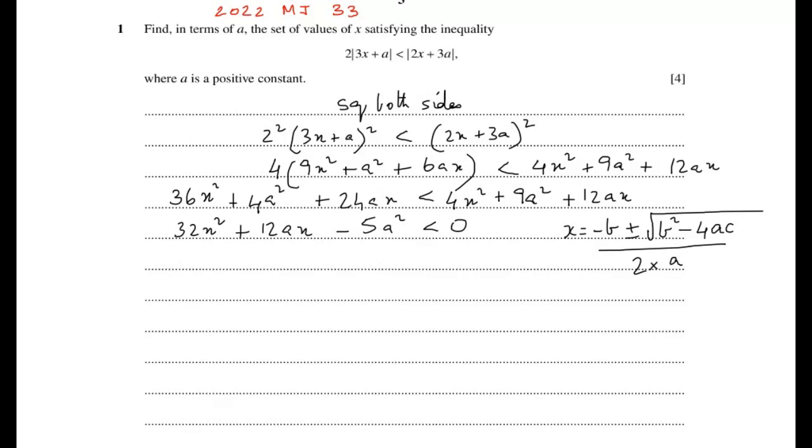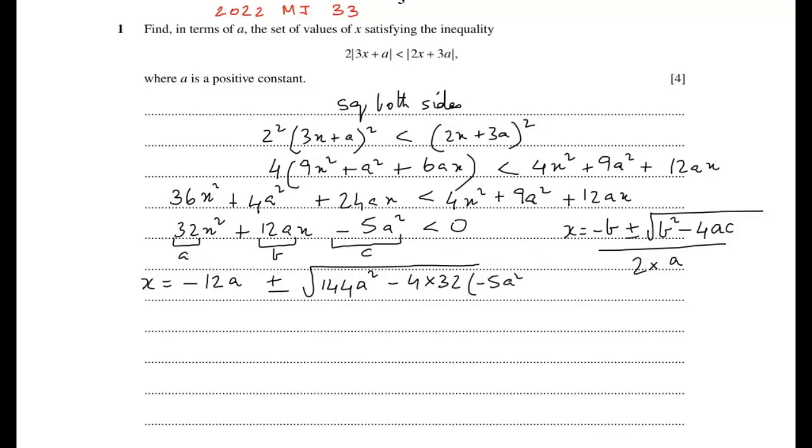So in this case, x is equal to minus 12a. This is b, this is a, and this is c. So minus 12a plus minus root of b squared. So 12a squared is 144a squared minus 4 into 32 into minus 5a squared, the whole divided by 2 times 32.